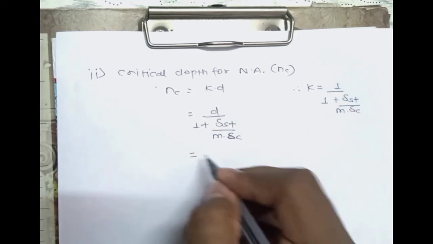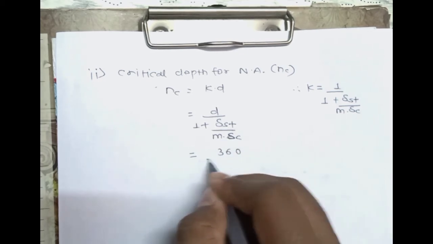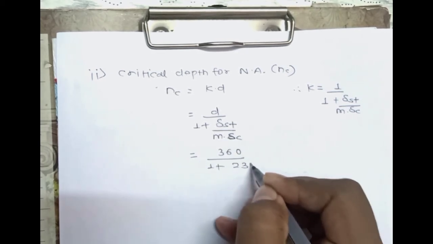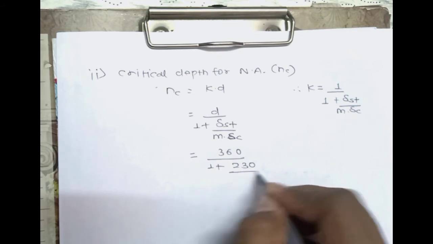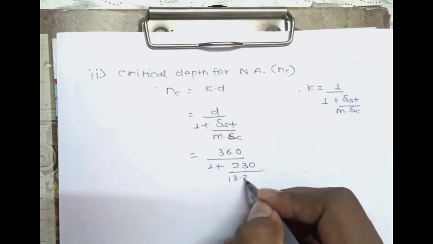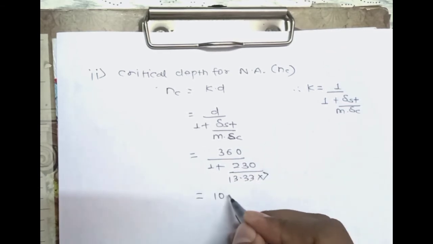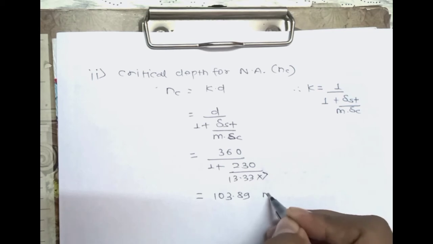Put the values: nc equals 360 upon 1 plus 230 upon 13.33 into 7. You will get the final answer 103.89 mm.